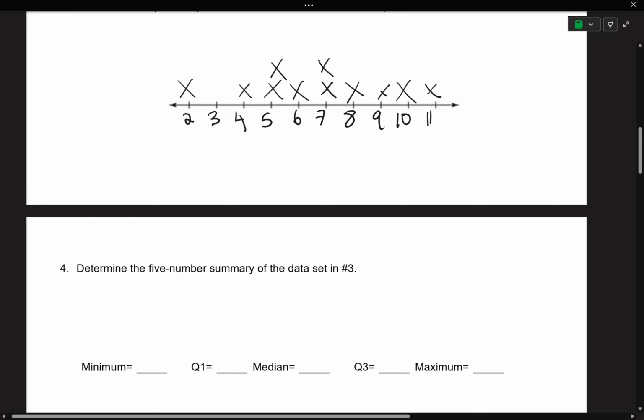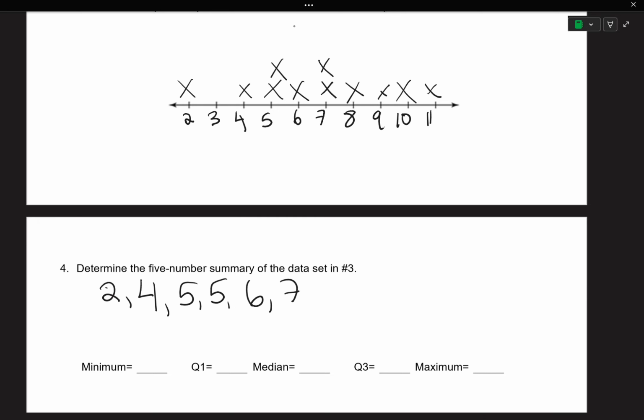Now, what I like to do after having my dot plot, it kind of helps me organize my data already. So it looks like I have 1, 2, so I'll have 2, comma, there's 1, 4, 2 5s, 1 6, 2 7s, an 8, a 9, a 10, and an 11.